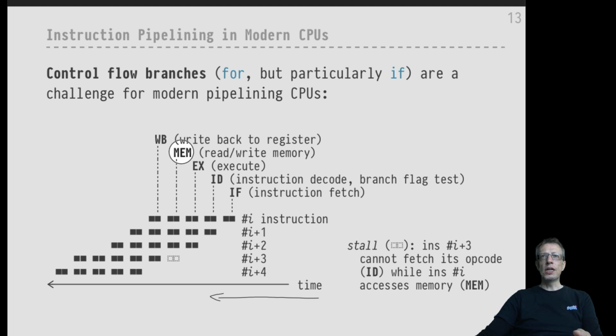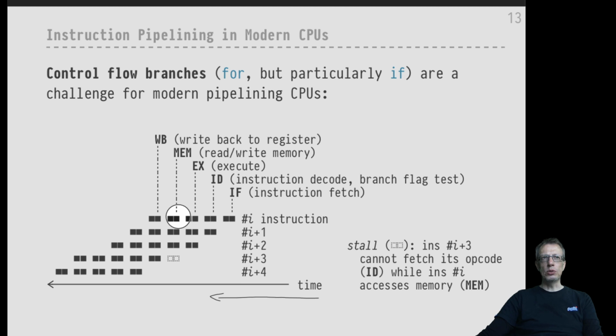The result of such a load would then be written back into a register of the CPU in the last stage, the WB stage, the fifth stage of instruction evaluation. That would complete the instruction evaluation of the ith instruction of our program.